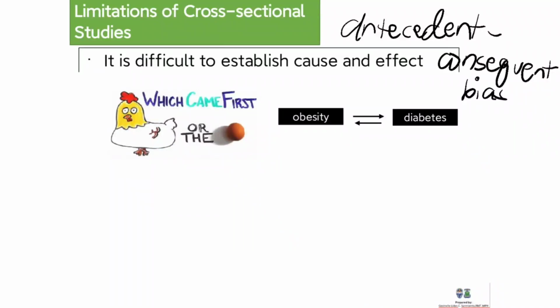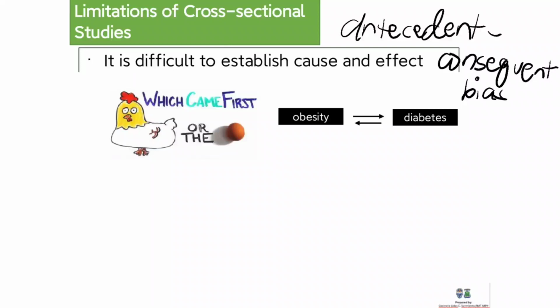However, you cannot establish yung cause and effect ng dalawang yan. So, similarly, meron tayong chicken and egg problem. Which came first? The chicken or the egg? So katulad yan sa cross-sectional studies, mahirap mag-establish antecedent consequent bias.